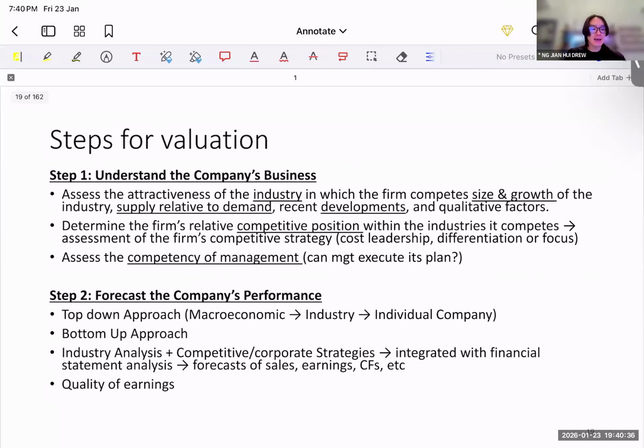Okay, so these few slides on the steps of valuation will perhaps be the key slides that you refer to in your assignments, whether it's your GBA or your end of course assignment.